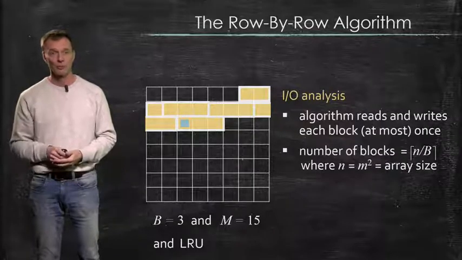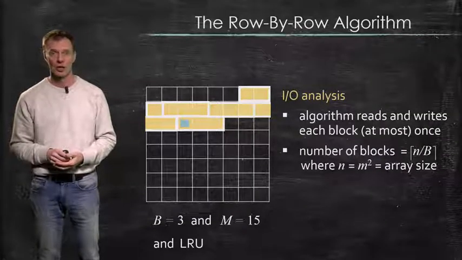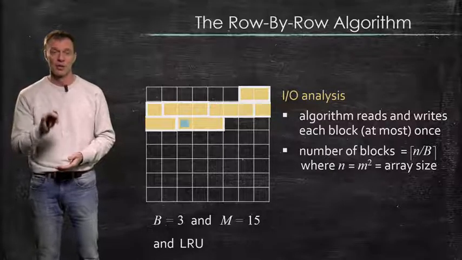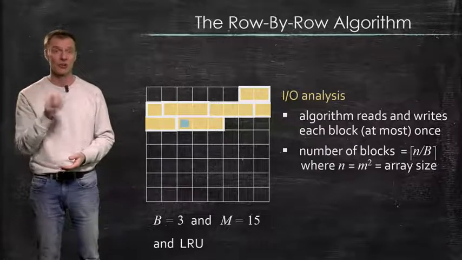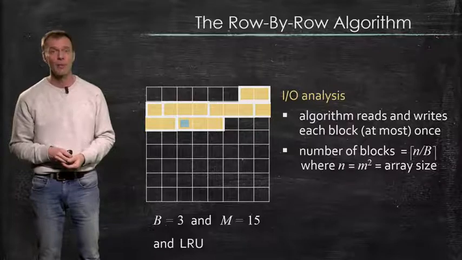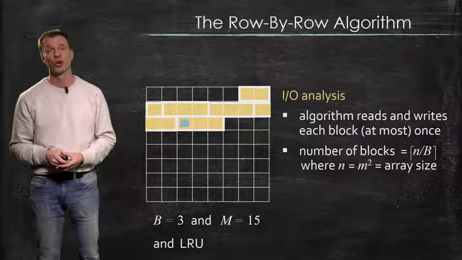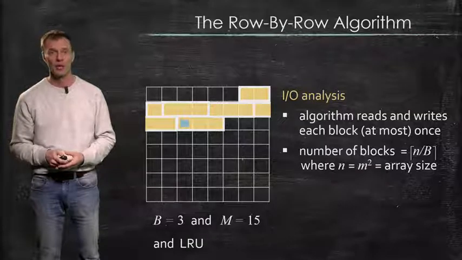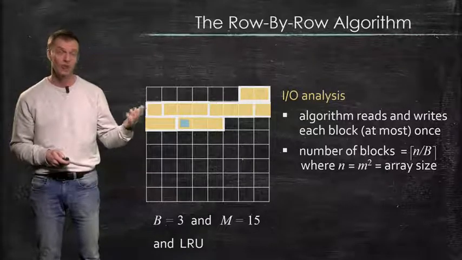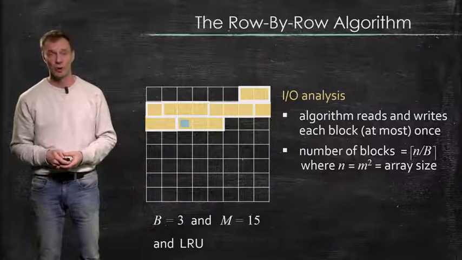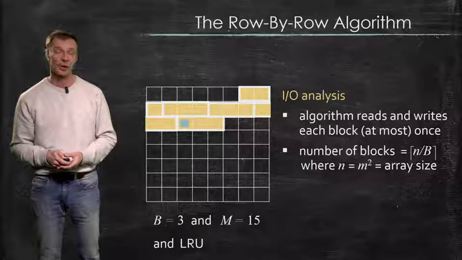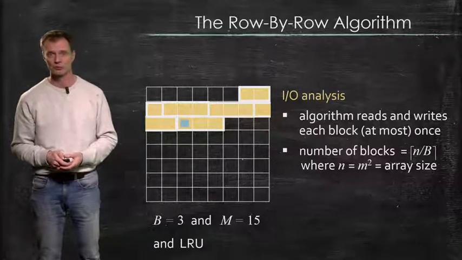How many blocks do we have? If we have N elements in total, so let's say an m by m array, and N is m squared, the total number of things in our two-dimensional array, then if B of the elements fit into one block, we have N divided by B blocks.